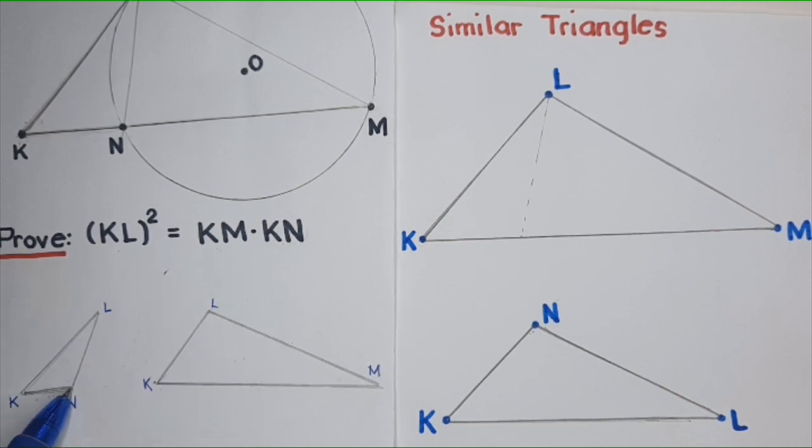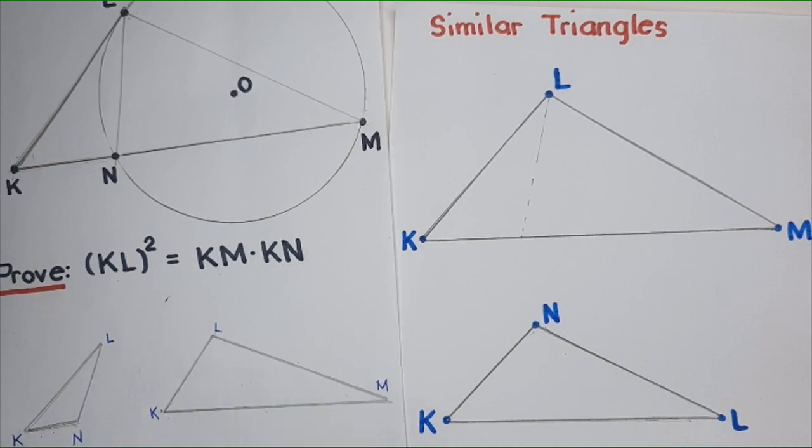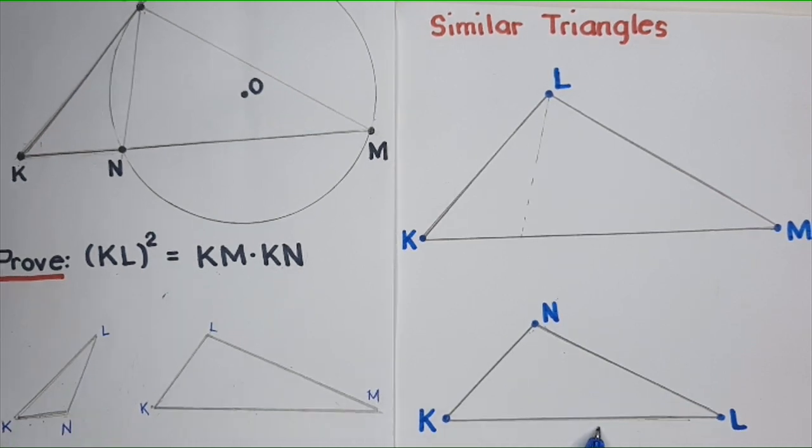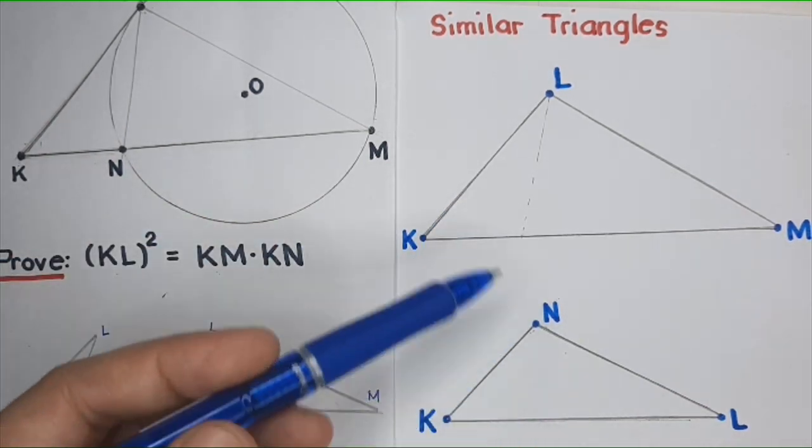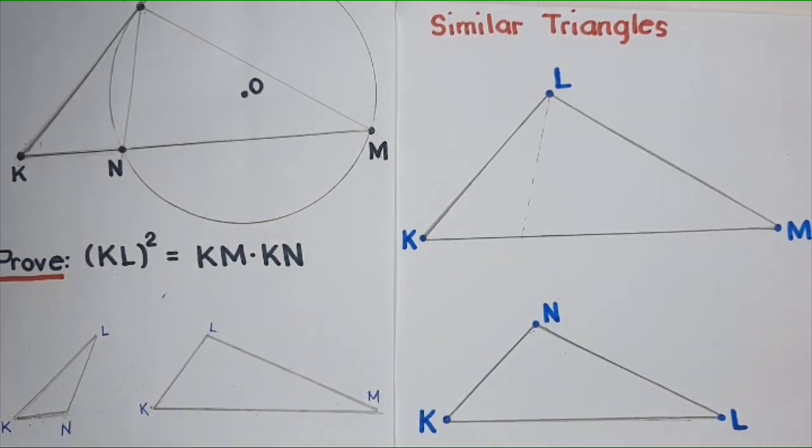Ito tong N, you flip this up, and then i-rotate nyo ng konti itong KL para maging kamukha niya ito. So, medyo magkamukha na sila. Right? So, ganyan talaga ang itsura ng similar triangles. Okay? Kaya mas magandang gawin nyo siyang same position para mas makita nyo yung corresponding angles and corresponding sides. Okay?